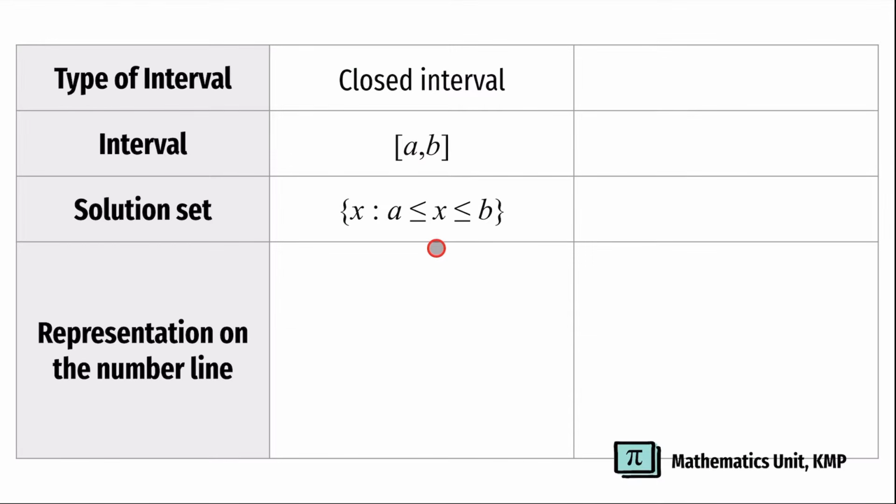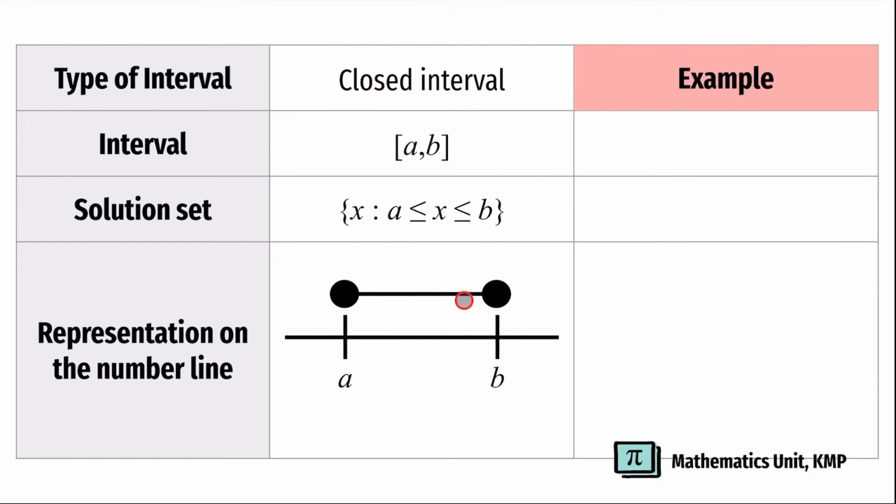Now the number line, since we're using the square bracket and the inequality sign of less than or equals to, on top of a is a closed circle, same goes for on top of b, another closed circle. And we're going to connect these two circles with a straight line.